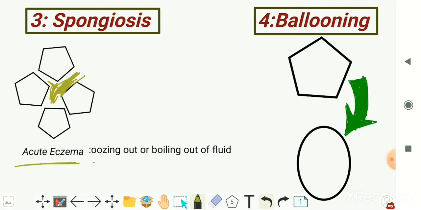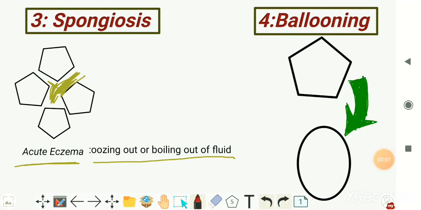What is eczema? Eczema means oozing out or boiling out of fluid. In spongiosis, there is oozing out of fluid from stratum spinosum because when the patient has itching, they scratch these lesions. When they scratch these lesions, there is a breach in the topmost layer, and the extra fluid which is present in stratum spinosum leaks out.